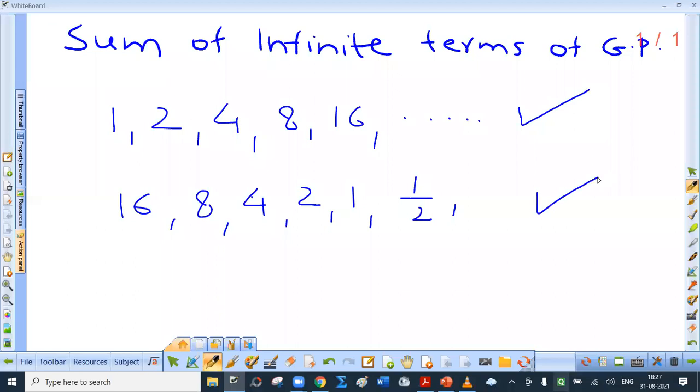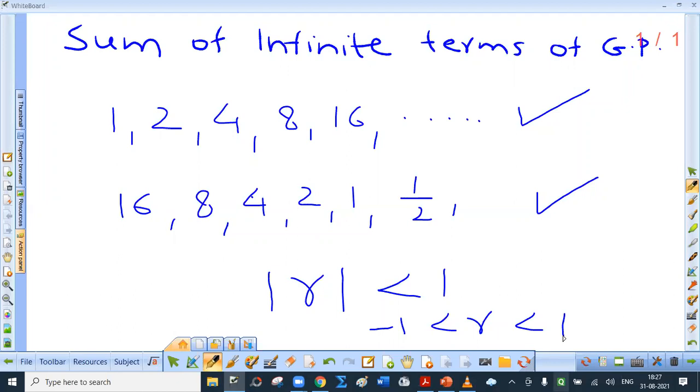It is half. You will notice that the common ratio is less than 1. So in general, we say that if the modulus of the common ratio is less than 1, that is, -1 less than r less than 1, then the sum to infinity approaches a certain real number.